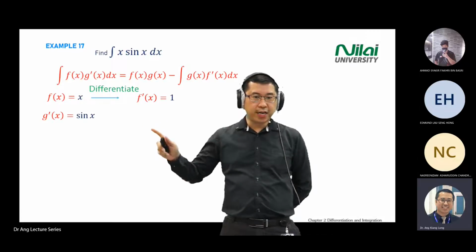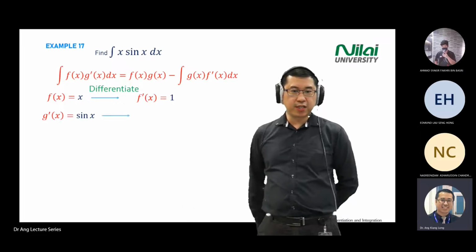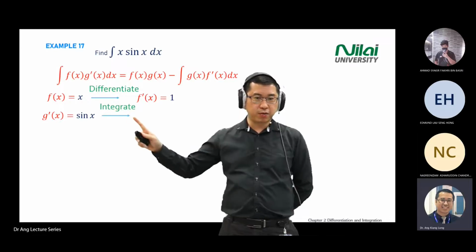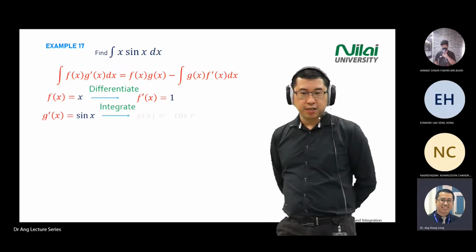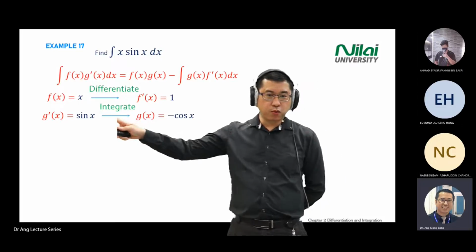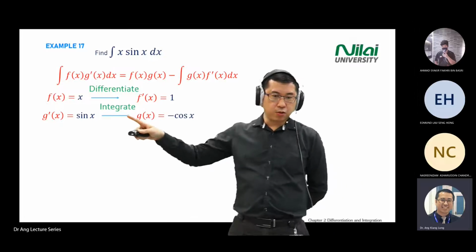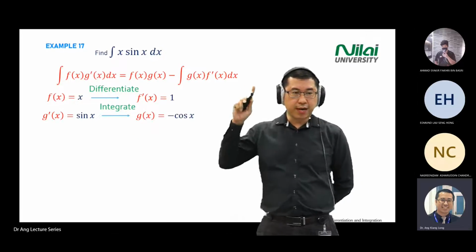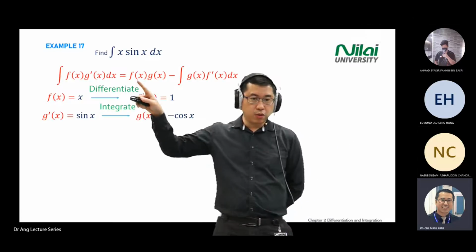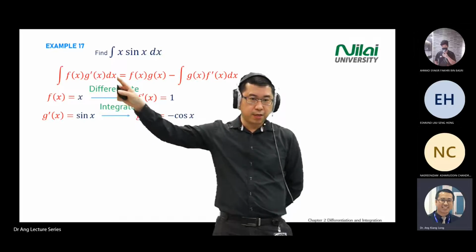How do you get g(x)? How do you get back the g? You integrate. Because of the comma, you want to remove the comma and get back the original one, you do integration. I already told you there's a table to refer to when you integrate or differentiate something, so I will not repeat that. All you need to do is understand the concept and the way we solve the question. So you compare side by side with the integration by parts method.